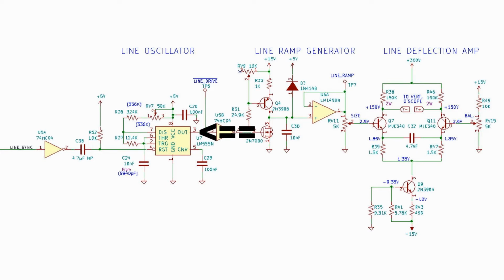The output pulses go low when they are active. So again, we call those pulses line drive not.